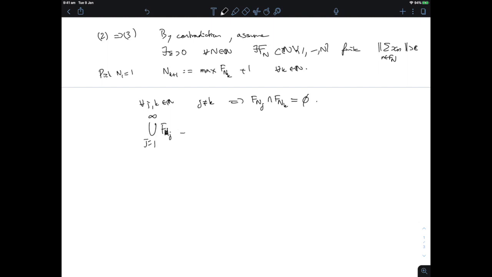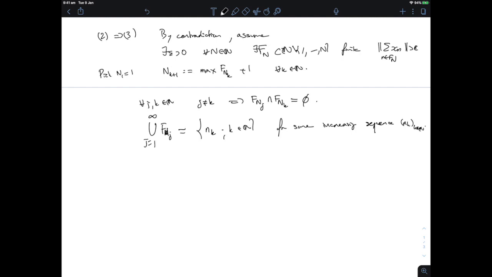So this can be rewritten as a sequence n_k, for some increasing sequence. You just pick all the elements in F_{N_1}, and then further than that, you've got all the elements in F_{N_2}, and so on and so forth, and that sequence is increasing.